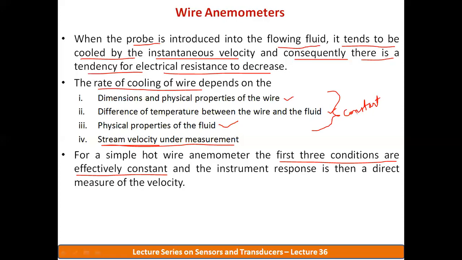So that's why we can say the rate of cooling of the wire mainly depends on the velocity of the gas flowing. That's why using this method we can calculate the velocity or the flow rate of the gas or a fluid.